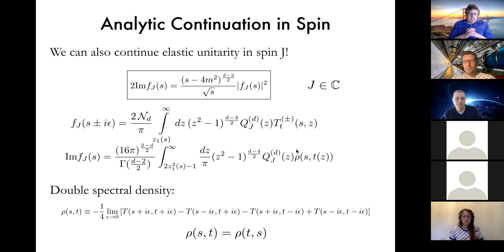And this second discontinuity of the t channel discontinuity is known as the double spectral density. It's a double discontinuity of the amplitude. It's defined here. So you have two cuts, and you go above-above, plus below-below, minus above-below, minus above-below. That's the discontinuity. And the nice thing about this object is that it's crossing symmetric.